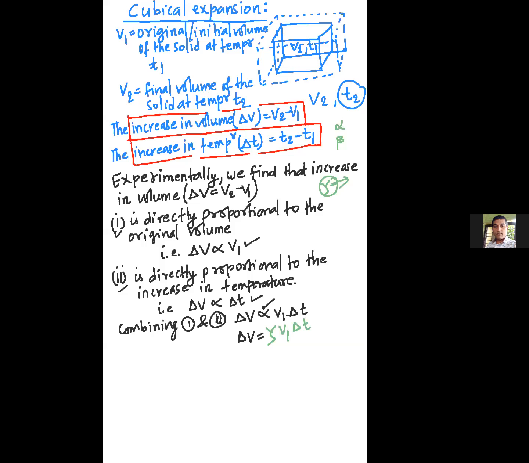Now this gamma depends on the nature of the material used.